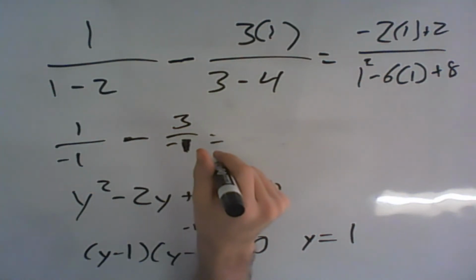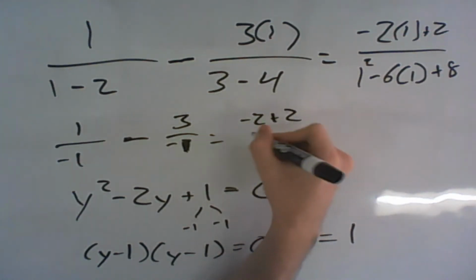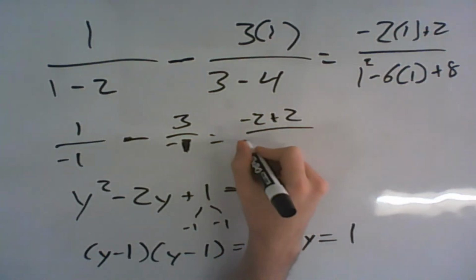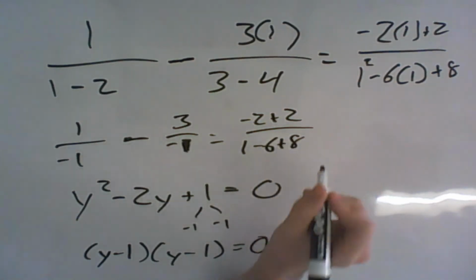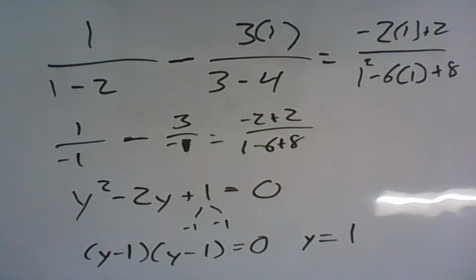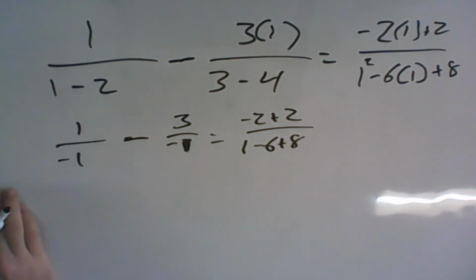Equals negative 2 plus 2 over 1 minus 6 plus 8. Okay, what's the top equal? Well, the numerator, let me double check my work here.